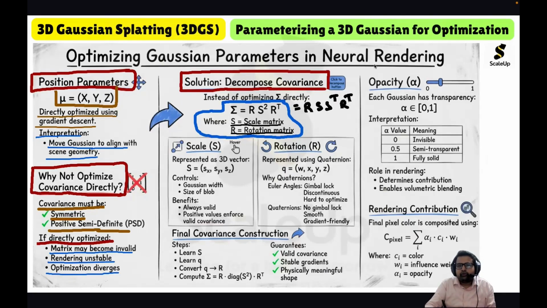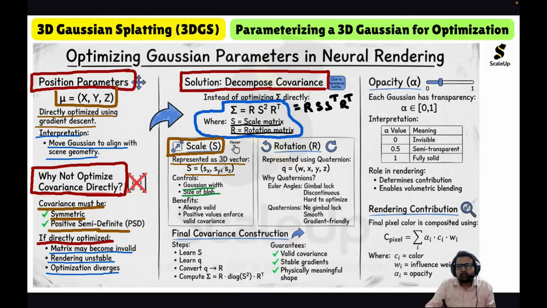So if we talk about the scale matrix, it is represented by a 3D vector, and what this scale controls is the shape and the size of the 3D Gaussian blob. So it controls the Gaussian width and the size of the blob.